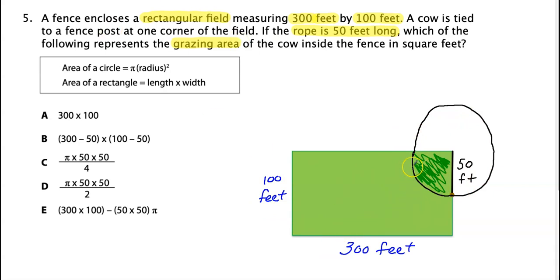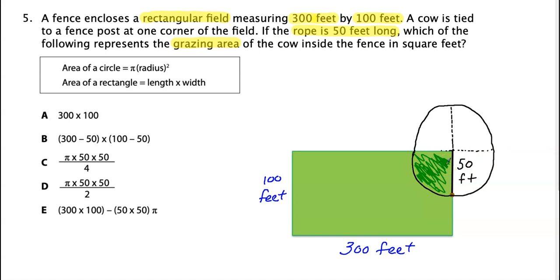Here's what I need to do to find this grazing area. Let me extend this piece out here and extend this piece out here. Hopefully you can see now, looking at this circle, that the grazing area is 1/4 of the circle. So basically what I'm going to do is find the area of this whole circle and divide it by 4. And that will give me this piece right here.